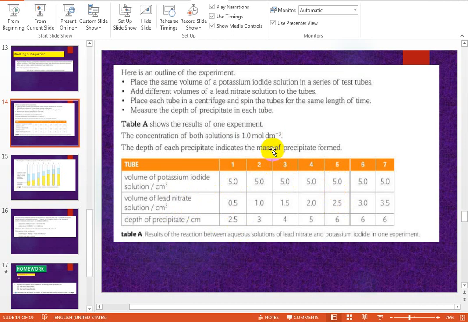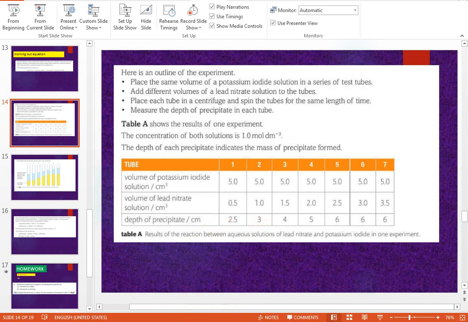The concentration is given per cubic decimeter. Do you know the relation between cubic decimeter and cubic centimeter? No, sir. Okay, 1 cubic decimeter equals 1000 cubic centimeter.